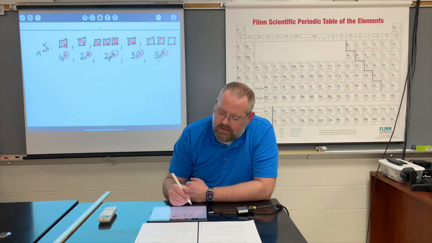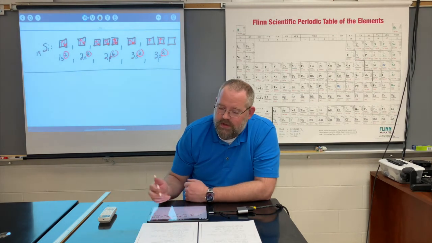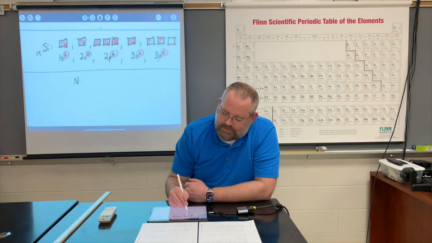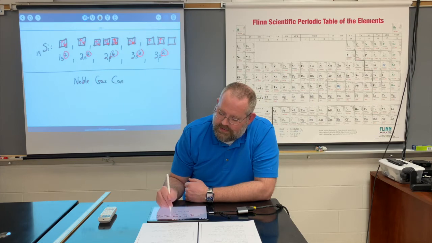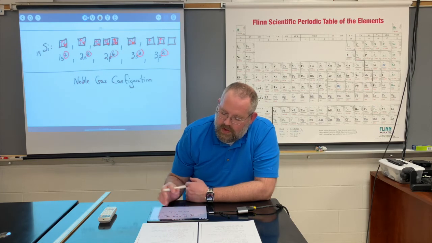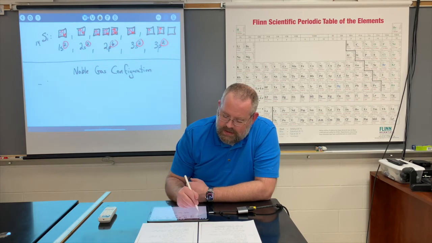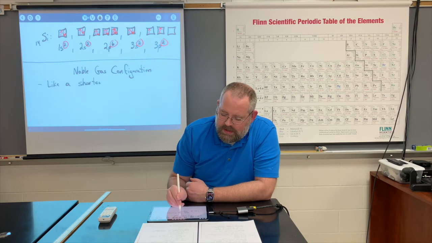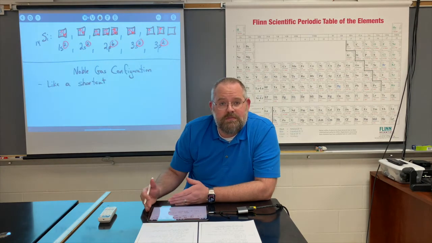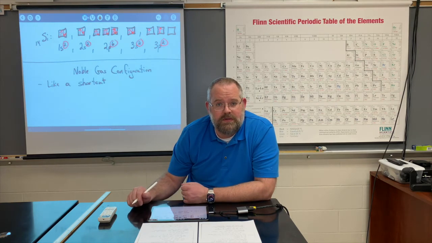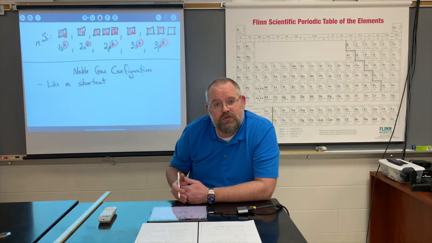So now that we've learned this really long procedure, let's talk about a shortcut. And this is noble gas configuration. Noble gas configuration is, like I said, like a shortcut. Sometimes periodic tables provide the noble gas configuration because it can be written in a much shorter format.